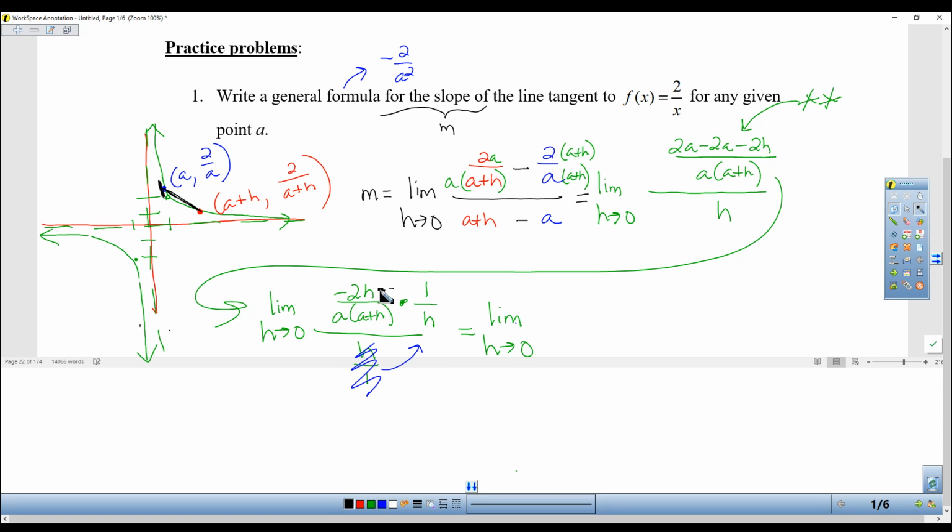And now this is gone because an h in the numerator cancels with an h in the denominator. So now I'm finding the limit of negative 2. I multiply straight across the numerator and straight across the denominator. If you wrote this as a squared plus ah, that's fine. If you just left it as a times the quantity a plus h, that's fine.